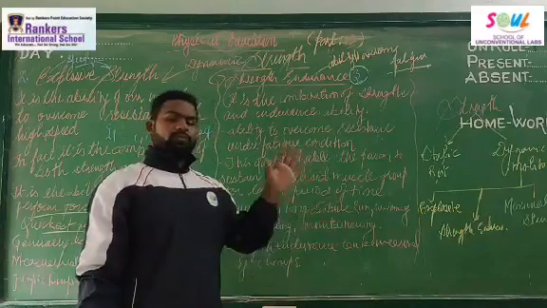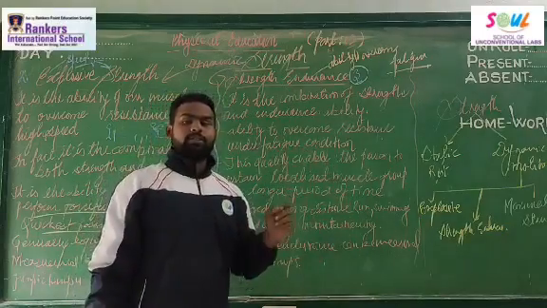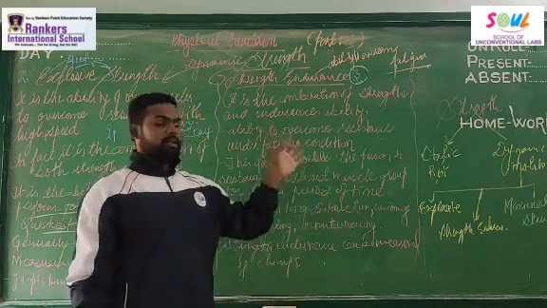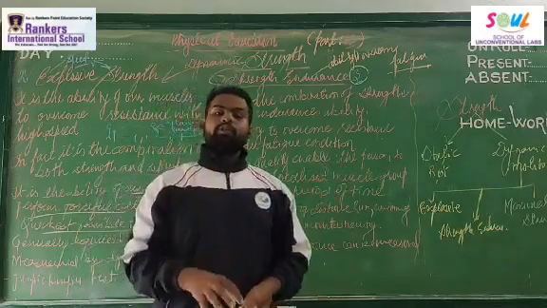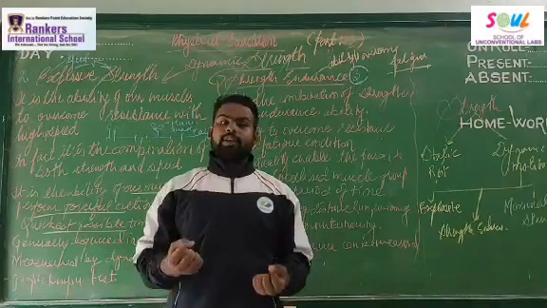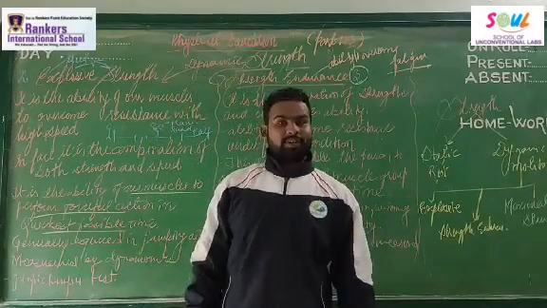There are three types of dynamic strength. Explosive strength is a combination of strength as well as speed. Strength endurance is a combination of strength as well as endurance, like long distance run. Maximum strength is the maximum amount of force a muscle can exert. I hope you understand the concept. Take care. Bye bye.